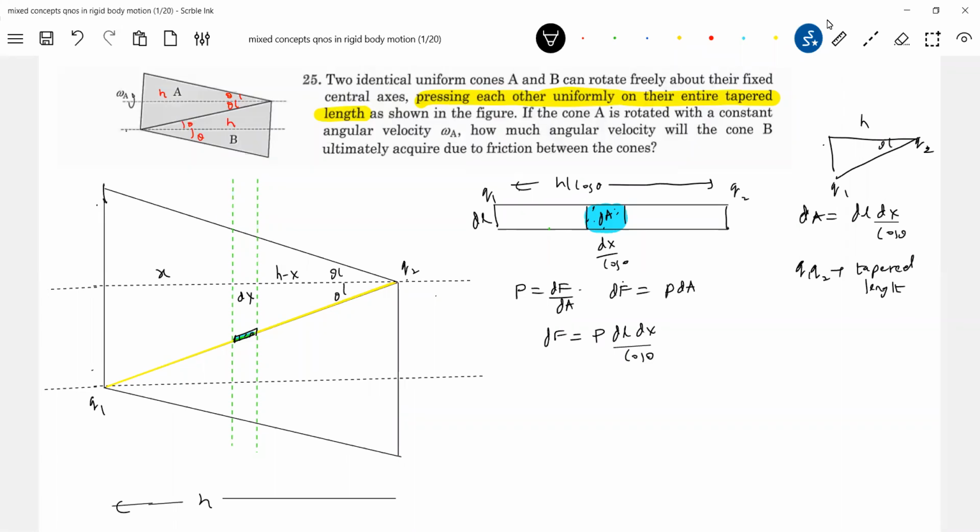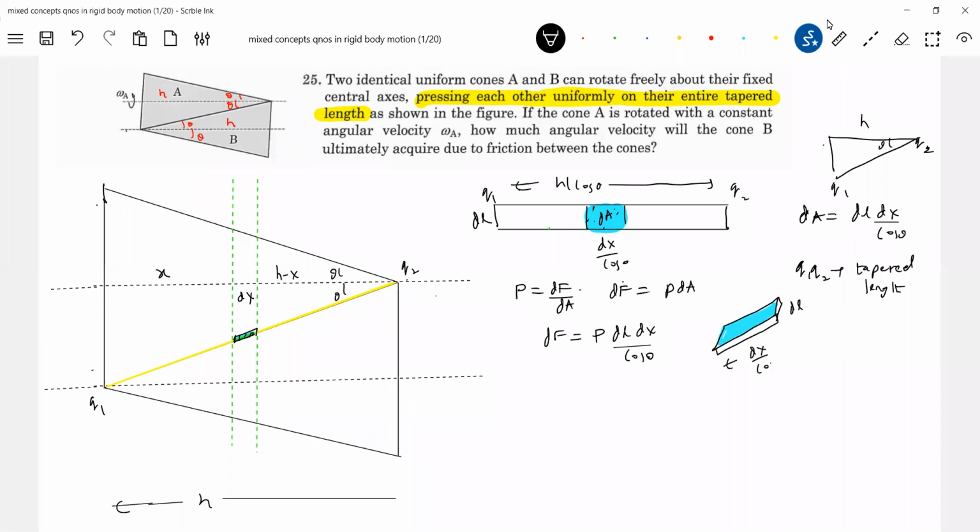How will that force act? Normal to that surface. And where is that blue color strip? I'll show it once again. There's a dL.